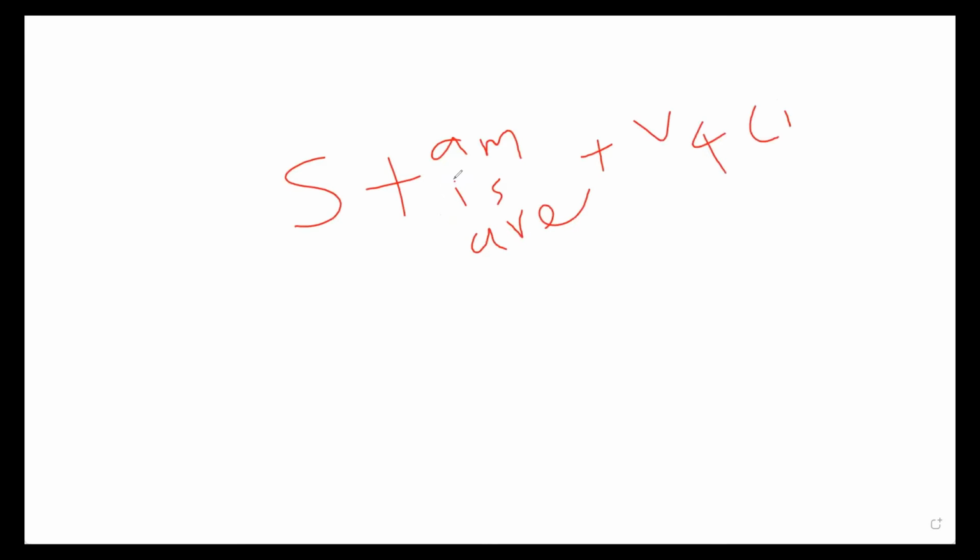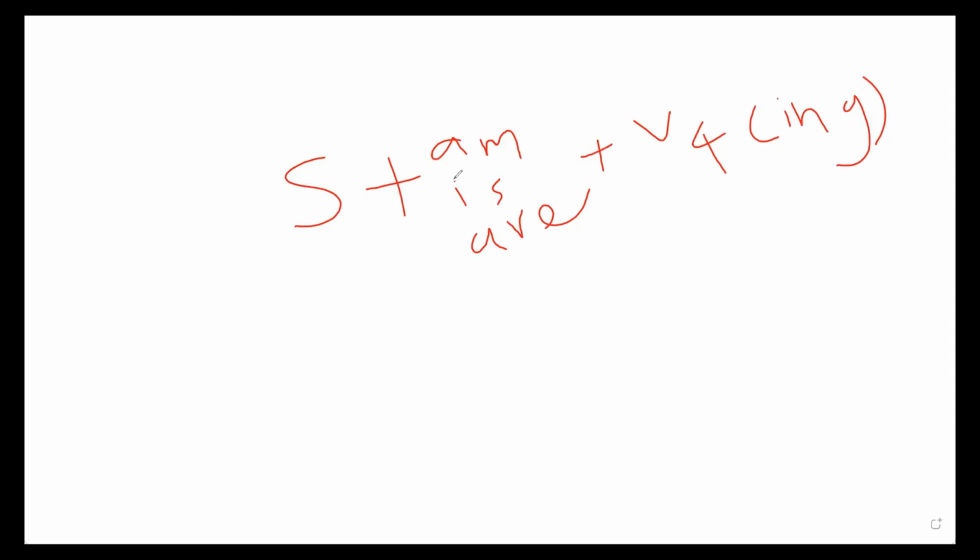Present continuous tense. The formula for present continuous tense is subject plus am, is, are plus verb form, which means the ing form of the verb. Tell me some examples for verb form. Coming, swimming, jumping. Very good.